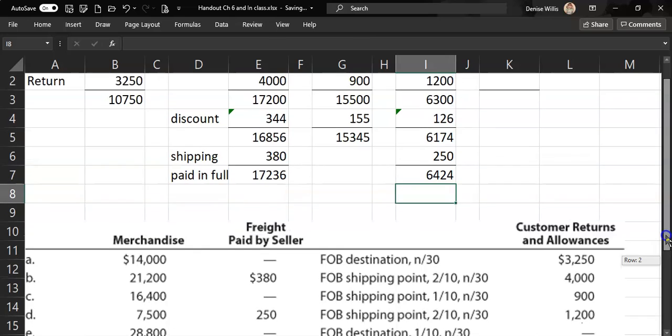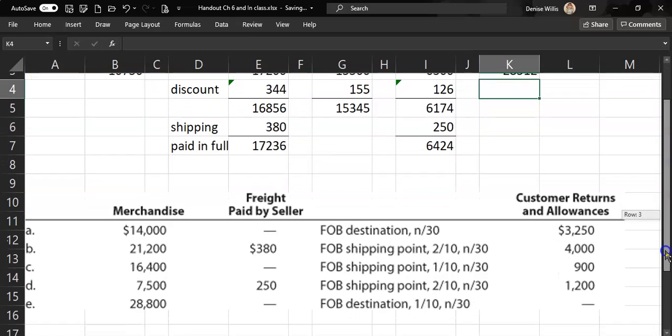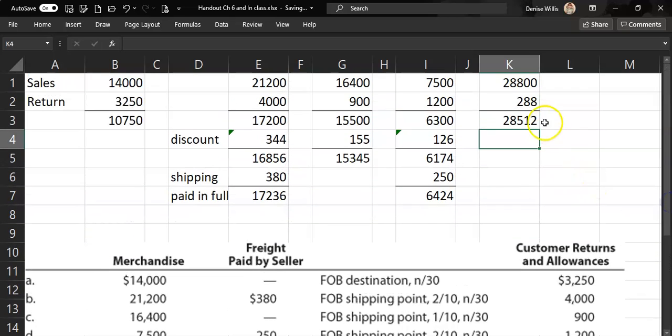So we're dealing with a $28,800 amount. And we said there was a 1% discount. So let's just take off the 1% discount and find the difference between the two. That is the amount that would be due on that one based on the facts given to us.